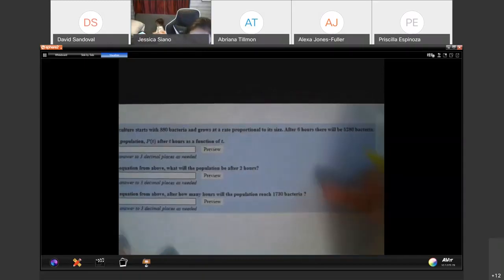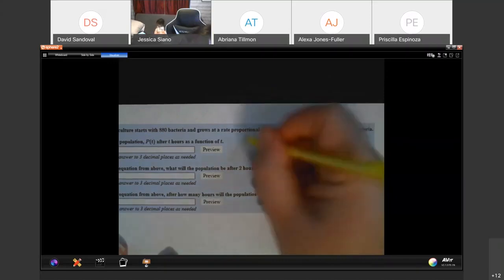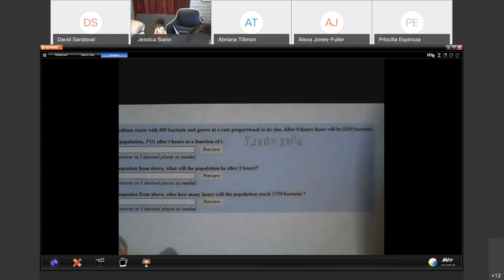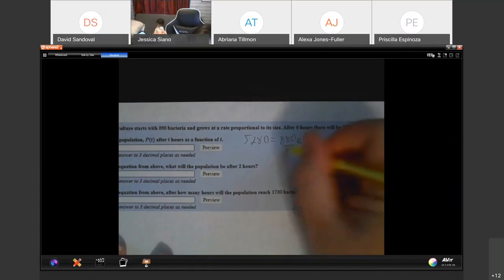So this time, since it's not doubling, I'm going to go back to E. So starts with 880. After 6 hours, we have 5,280. So 5,280 equals 880E to the 6R, because I'm looking for my rate. Divide both sides by 880.